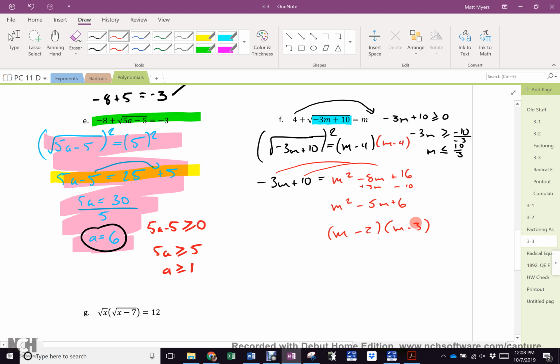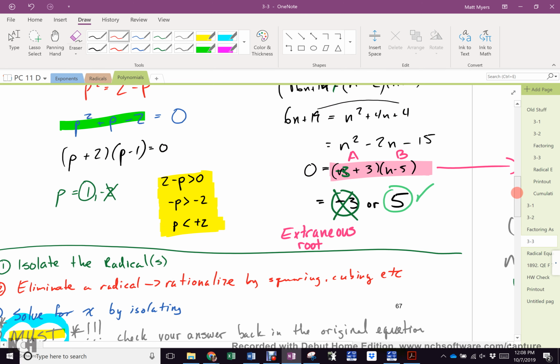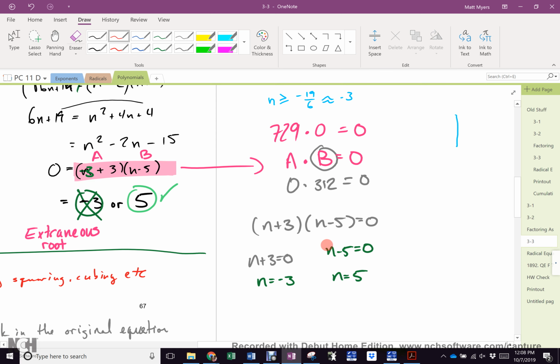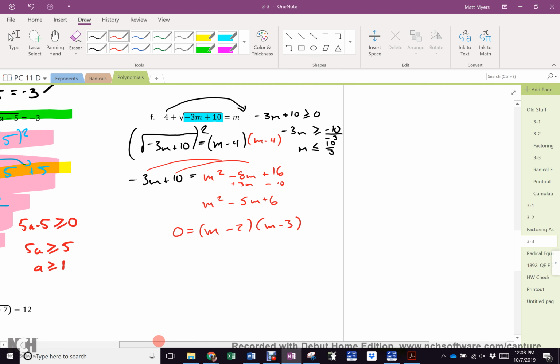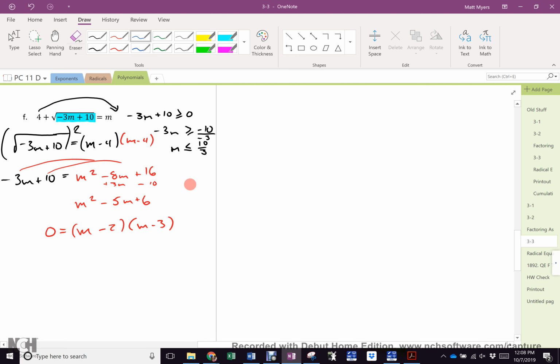Well, the only difference now is now we've got it equals 0. And that was what we did right out here, right? This is saying that either m minus 2 equals 0, because if this is 0, then 0 times whatever this is is 0, right? Or it's saying m minus 3 equals 0.